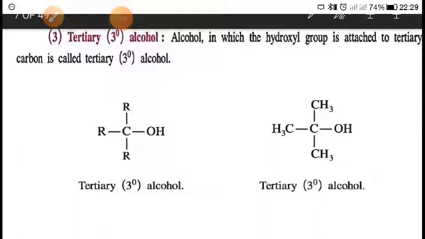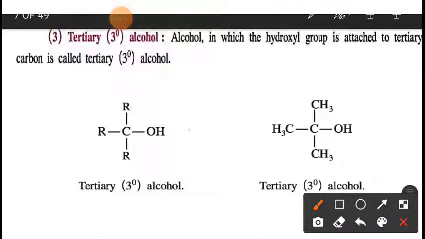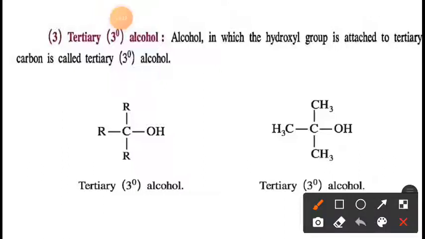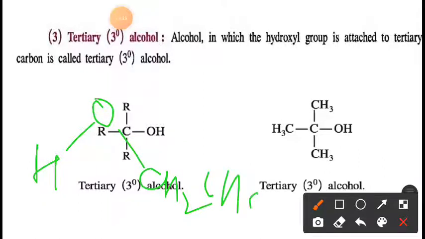the nature of alcohol. When we talk about the nature of alcohol, at that time we have to see, suppose, let me give you one example. Suppose we have O, and here H, and here CH2 CH3, right?